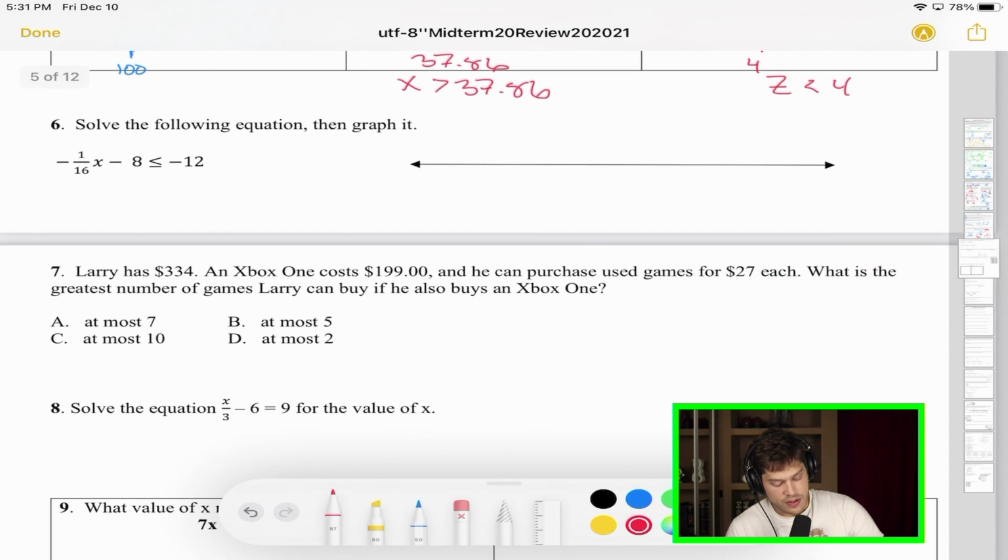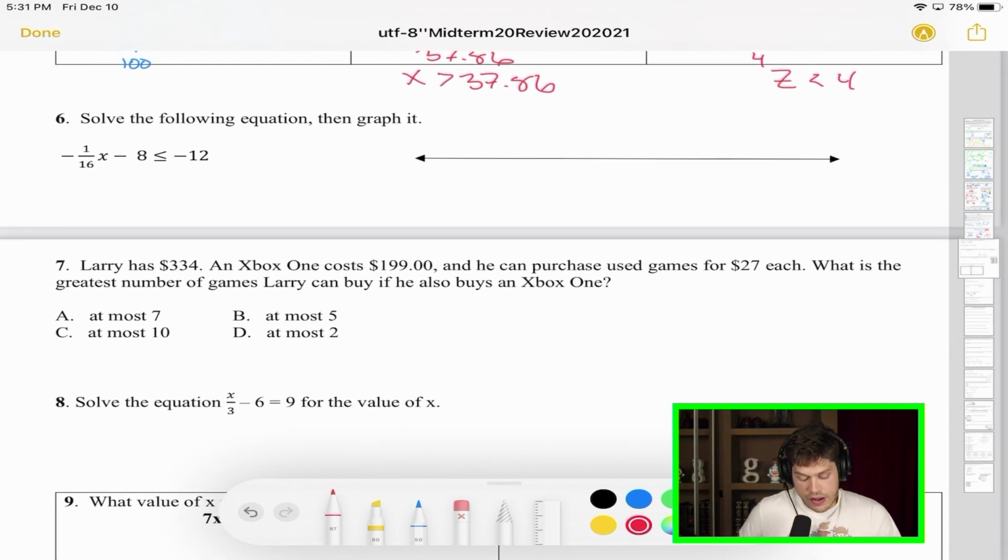Let's see number 6. Solve the following equation and graph it. First we need to add 8 to both sides. We get -1/16 x is less than or equal to -4. So now we need to multiply both sides by negative 16.